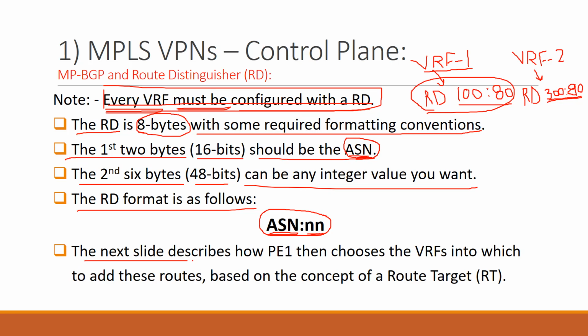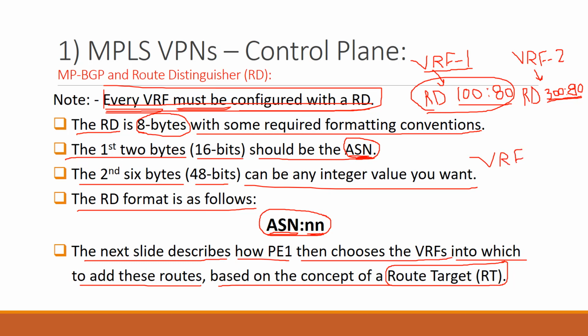The next slides describe how provider edge 1 chooses the VRF into which to add the routes learned by BGP, based on the concept of route target. And this is the third element or third concept that the MPLS VPN control plane uses. Now we discussed VRF, and we discussed route distinguisher.